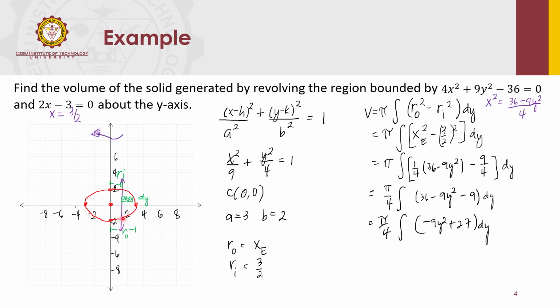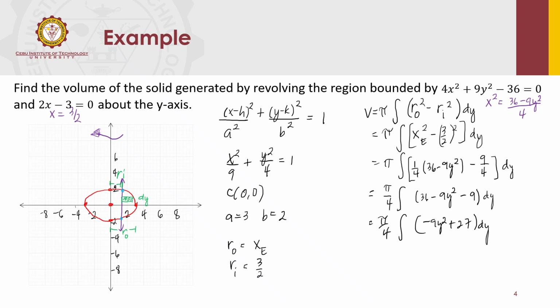So it's from here to here. Okay, y values, we don't have these values yet. So we're going to solve for them. So the lower limit should be here, the upper limit here. So we have to solve for the value of y if x is 3/2.